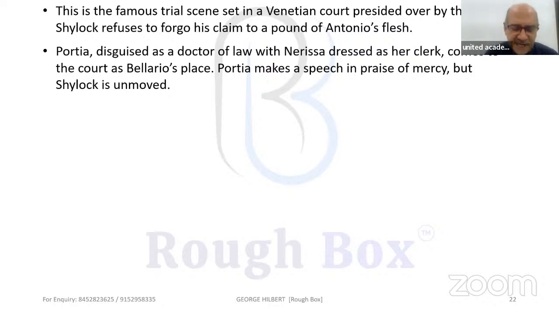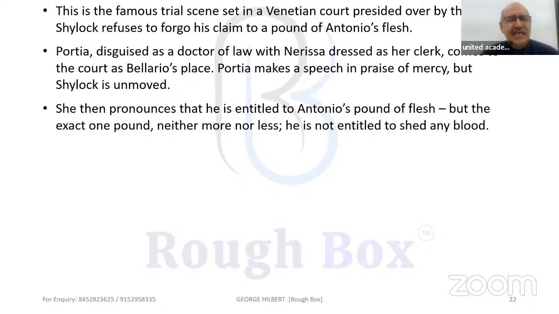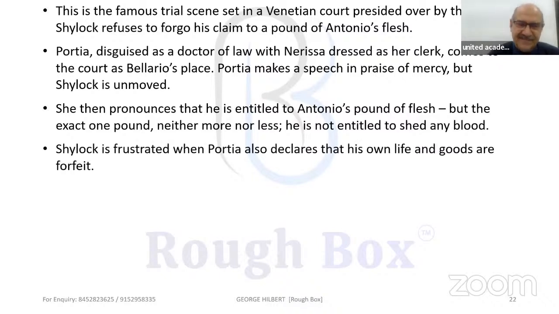Now this speech is a very famous speech on the quality of mercy. I will explain it to you in detail when we come across it. She then pronounces that Shylock is entitled to Antonio's pound of flesh, but exactly one pound, neither more nor less, and he's not entitled to shed a single drop of blood. Shylock is frustrated when Portia also declares that his own life and goods are now to be forfeited.